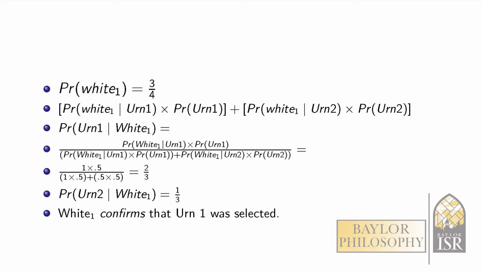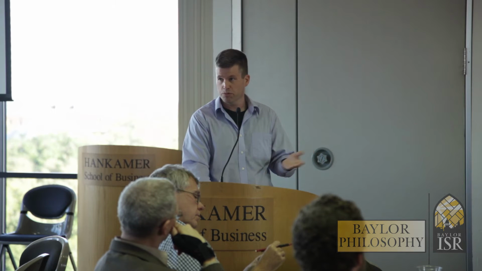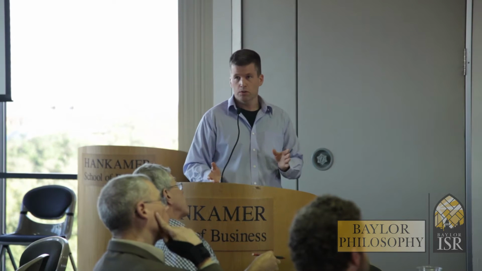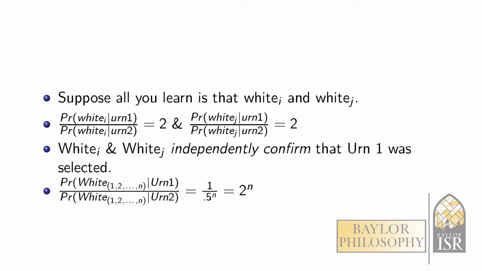So what you can see is that the selection of a white ball, in this case, is evidence that you're selecting from urn 1. And similarly the selection of a white ball disconfirms that you're selecting from urn 2. All right. So we have this judgment that white confirms urn 1. Okay. Now, suppose all you learn is that 2 draws have taken place and they're both white.